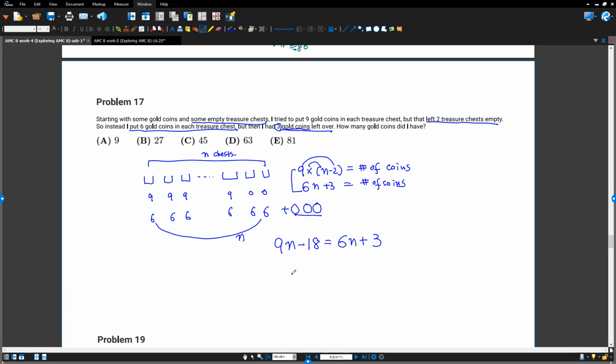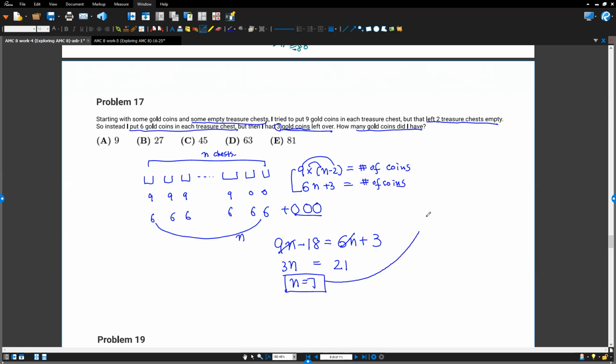So we need to solve this one. We're going to keep the variable on the left-hand side. Negative 6n, negative 6n, that is 3n, isn't it? Now plus 18, that is 21. Okay, excellent. So after that, divide by 3, and n equals 7. But we are not done. They're asking you to find the total number of coins.